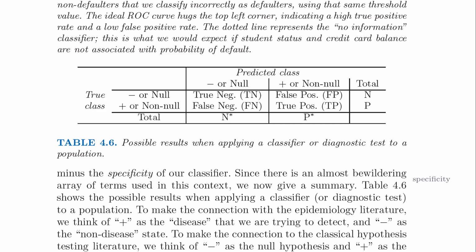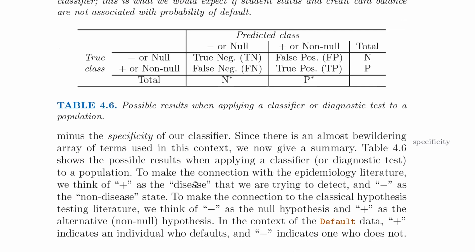To make the connection with the epidemiology literature, we think of positive as the disease that we are trying to detect and negative as the non-disease state. To make the connection to the classical hypothesis testing literature, we think of negative as the null hypothesis.